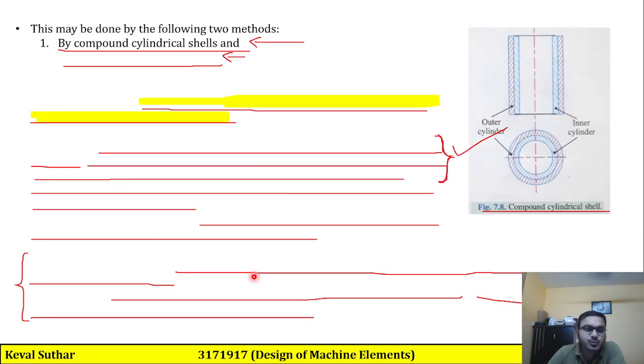It is done in two ways. First of all, by compound cylindrical shell, which is shown over here, and second is by using the theory of plasticity.